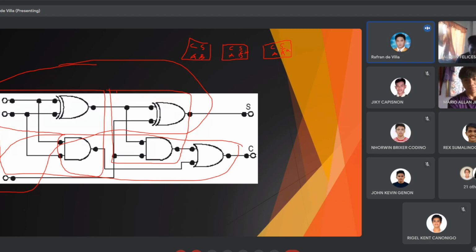So carry out and carry in. Okay? So if let's say kaninang 3-bit nga input, this will be B0 nga input, this will be your B1 nga input, and this will become your B2 nga input. So this is for your A0, A1, and A2.